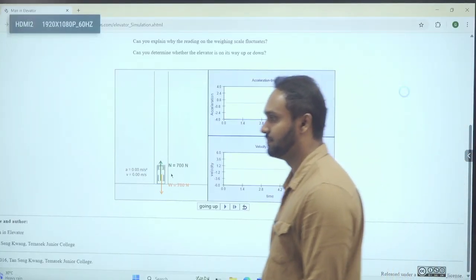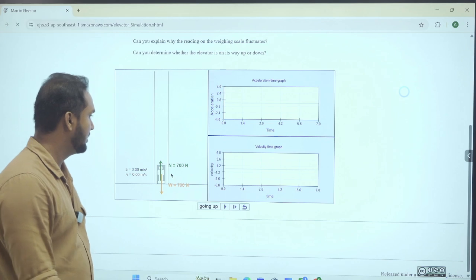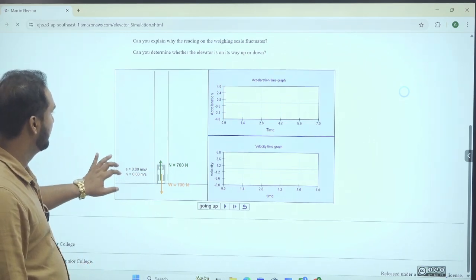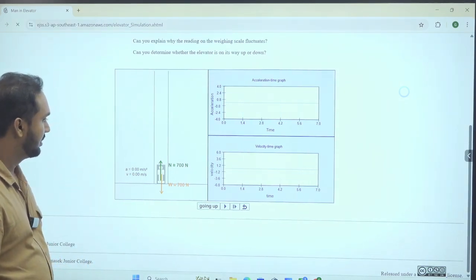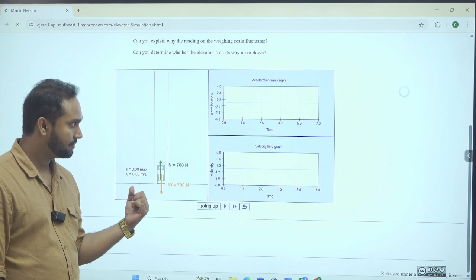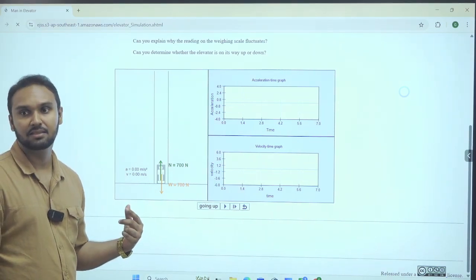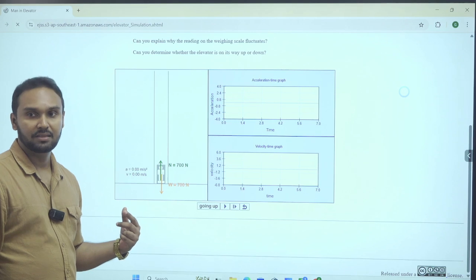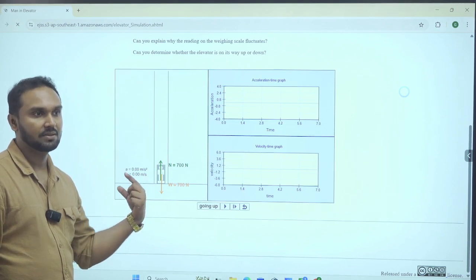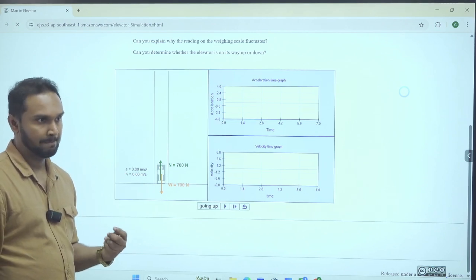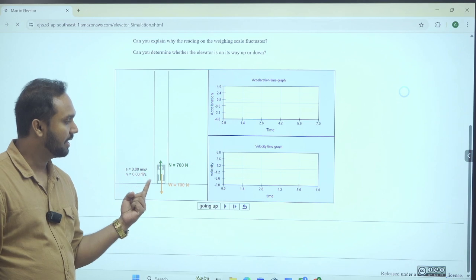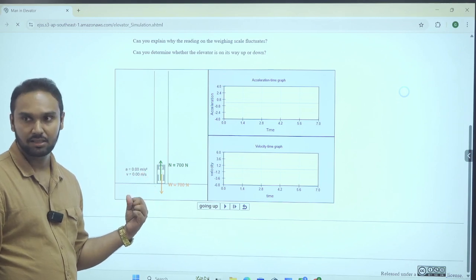Yes, listen. Right, so this is a simulation of an elevator, right? Now listen. Now this is going to go up, right? So we discussed the accelerating systems, right? So this is the guy in an elevator, right?